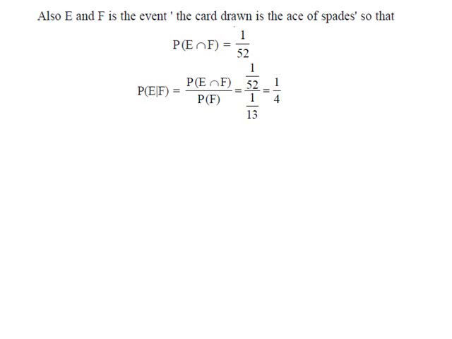Now, probability of E given F equals probability of E intersection F upon probability of F equals 1 by 52 upon 1 by 13 equals 1 by 4.